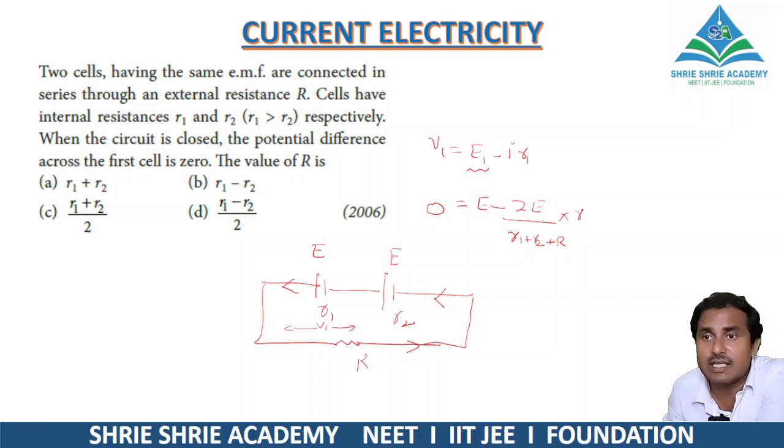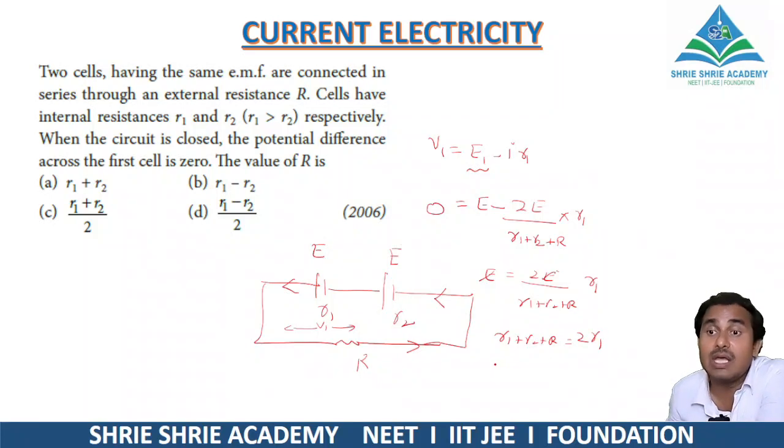So the internal resistance is R1, right? From that, if you take E to that side, you get E = 2E divided by (R1 + R2 + capital R), into R1. E will get cancelled and you get R1 + R2 + capital R = 2R1.